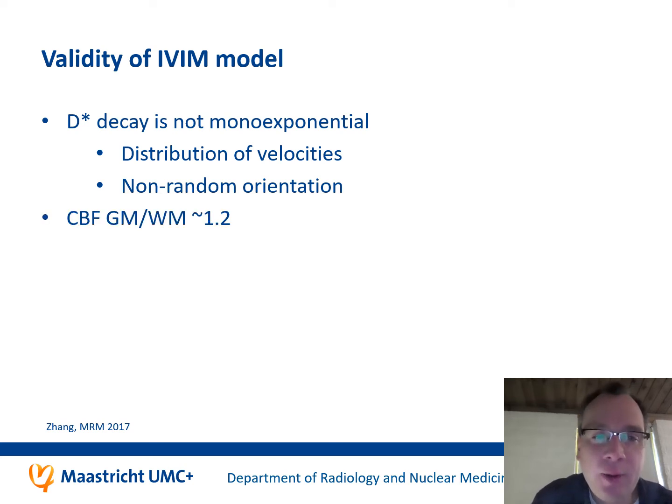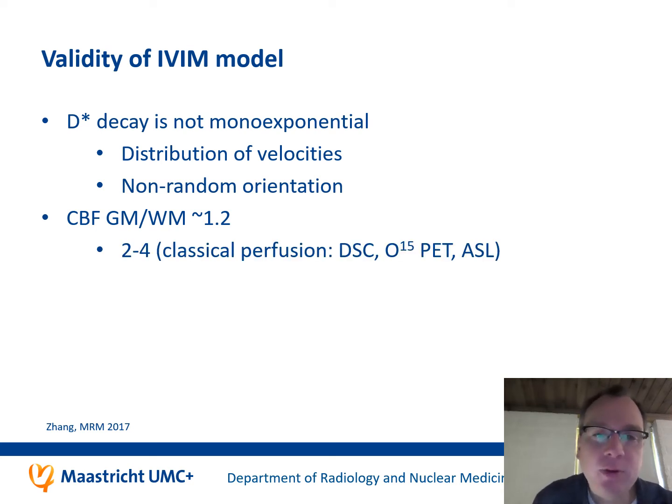Then there's some other information that indicates that it's not entirely classical perfusion, because if you look at the CBF value acquired through IVIM and then look at the ratio of gray matter over white matter, you see that there's a 20% increase of cerebral blood flow in the gray matter compared to the white matter, whereas from classical perfusion experiments like dynamic susceptibility contrast MRI or oxygen PET or ASL, we know this ratio should be like 2 to 4.